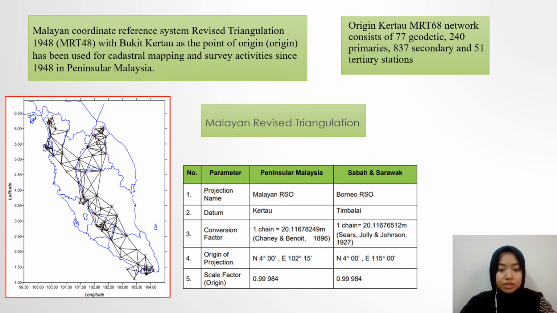The origin of projection for Peninsular Malaysia is 4 degrees northing and 102 degrees 15 minutes easting. The same goes for Sabah and Sarawak: origin of projection 4 degrees northing and 115 degrees easting.